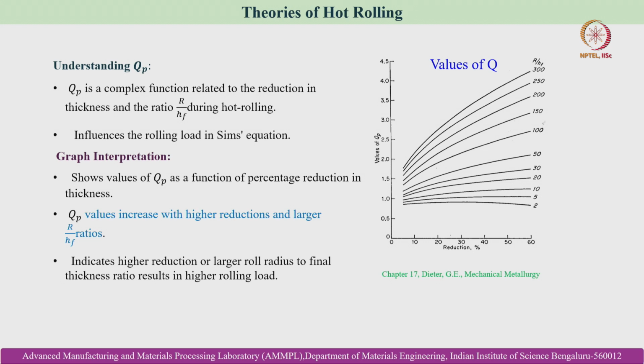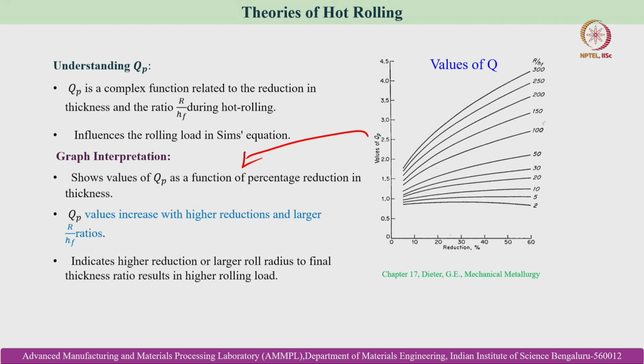Q_P is related to the reduction in thickness and the ratio R by H_f during hot rolling, so it influences the rolling load in Sims equation. The graph shows the values of Q_P as a function of percentage reduction in thickness. Q_P values increase with higher reductions and larger R by H_f ratios.